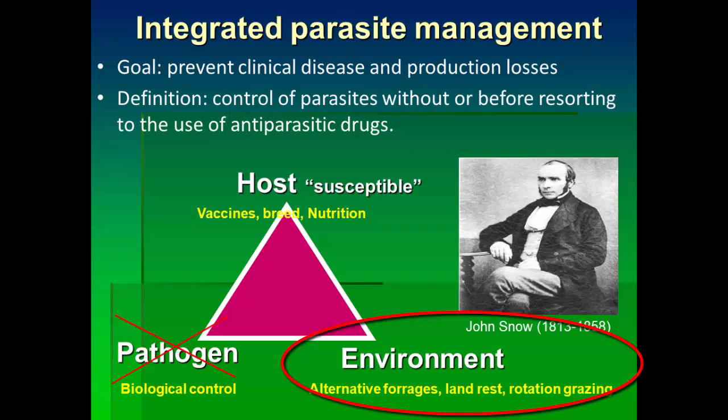And in our case, it basically entails everything that we can do to break the free living stages of the ticks in the environment or the pastures where the cattle are grazing. They call John Snow the father of modern epidemiology for his work, which, as you can see, basically proved that you can prevent or control disease by disrupting the connection at any of the 3 points in this triangle.